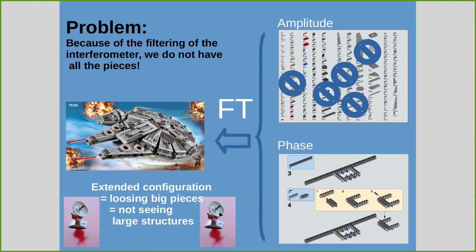Now if I move the antennas further apart, that's what we call an extended configuration or long baselines. That would be equivalent to losing the big pieces in my Lego game here. So now I could see the small pieces, but I will not be able to reconstruct the big wings or the extended structures in there.